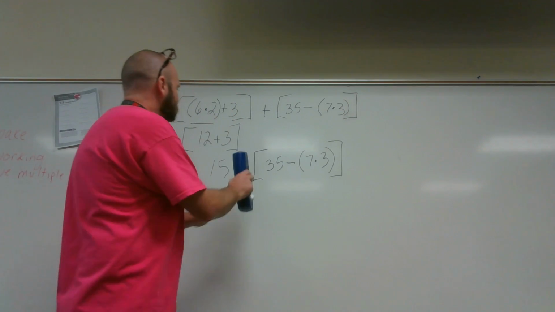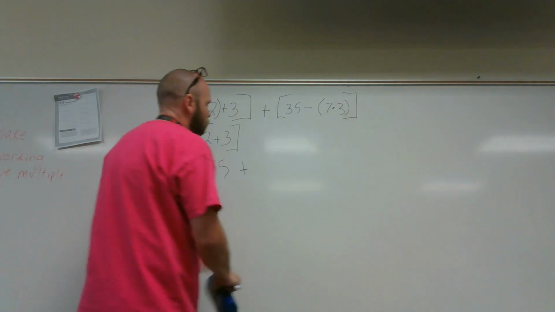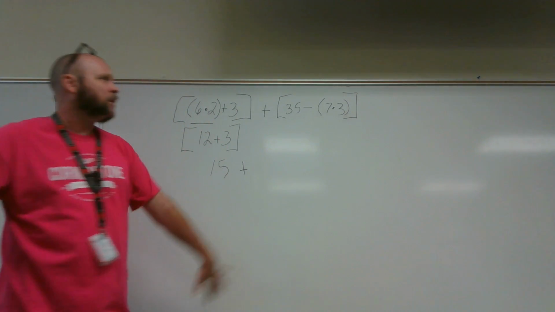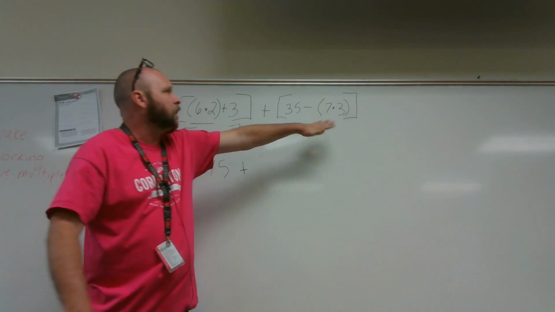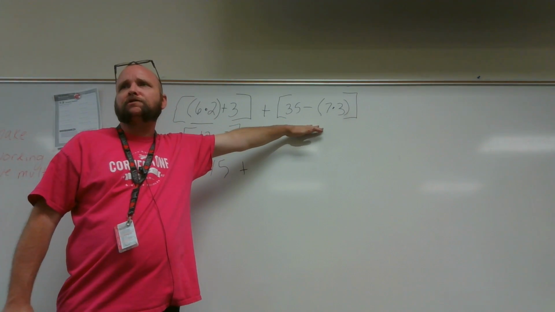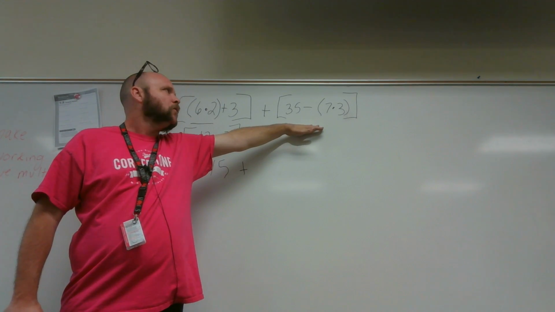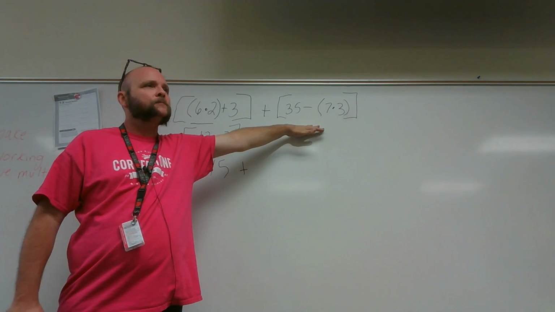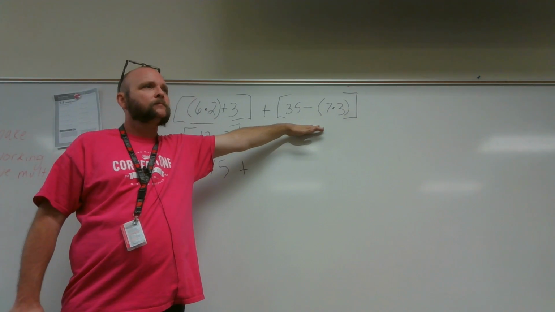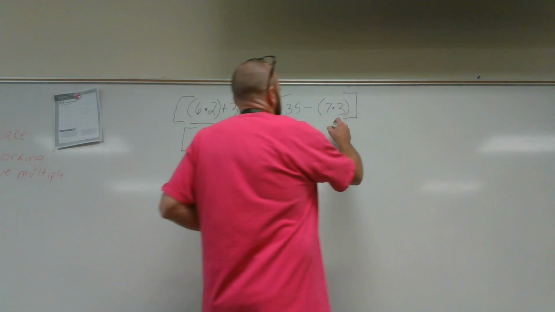All right, so Fred, what would I do in this bracket first? You would do 7 times 3. Laney, what is the product of 7 and 3? 21.